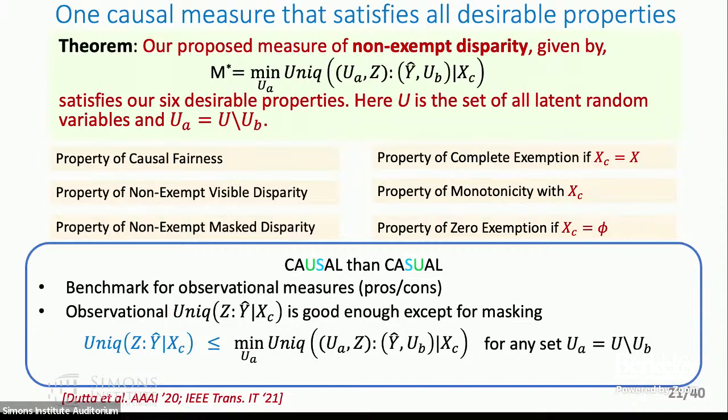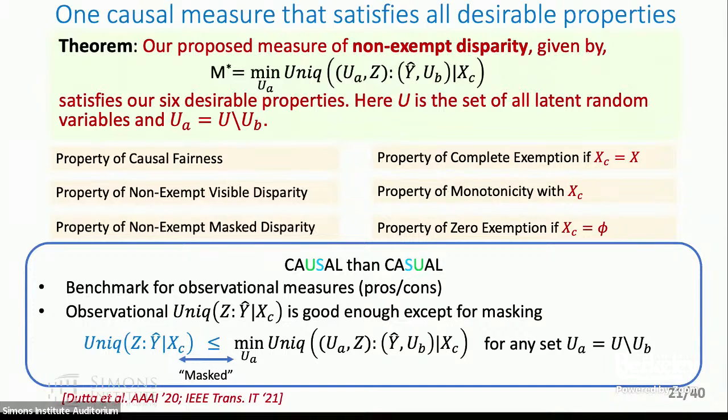Another important aspect is that the observational unique information measure that I talked about is actually a lower bound for this measure. And it is actually good enough for a lot of situations, except to capture these kinds of perfect masking scenarios. It is only to capture these perfectly masked scenarios that we need to understand these latent random variables and causal structures.